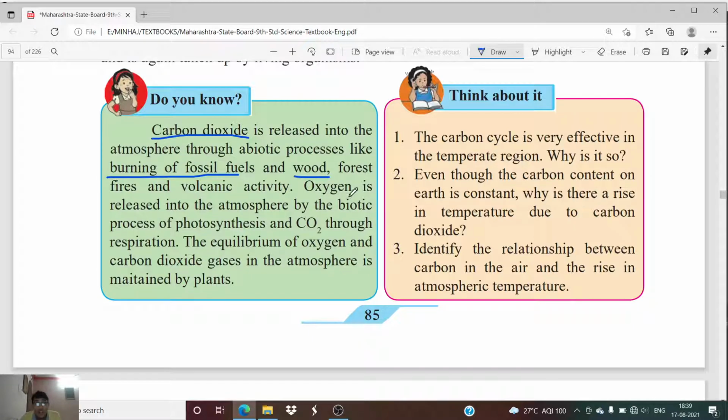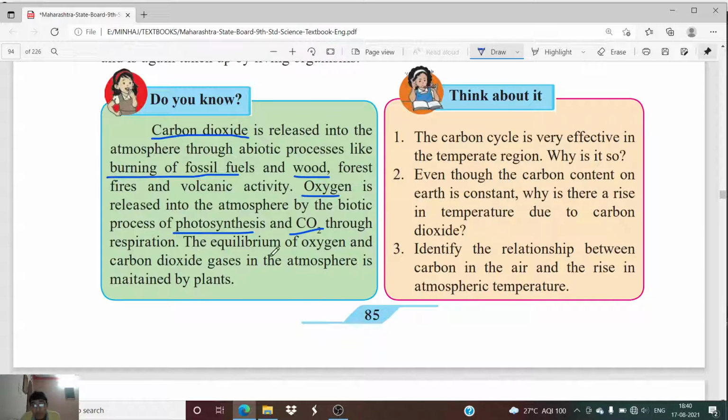Okay, now oxygen is released into the atmosphere by the biotic process of photosynthesis and CO2 through respiration. So oxygen is released from plants, okay, after the completion of photosynthesis process, whereas CO2 is released by the animals, okay, via respiration.